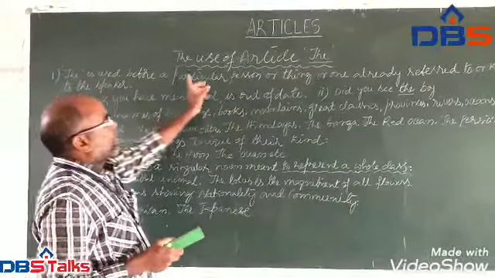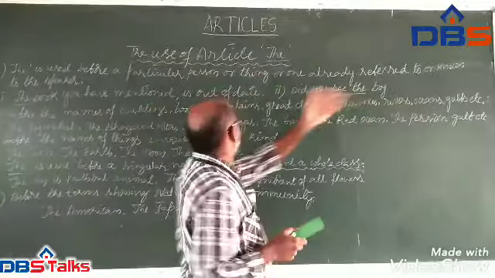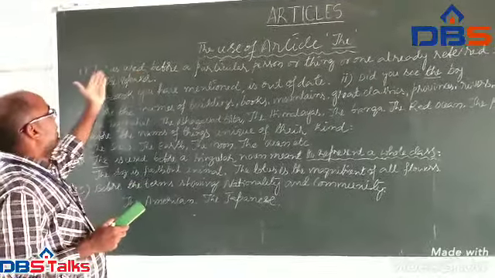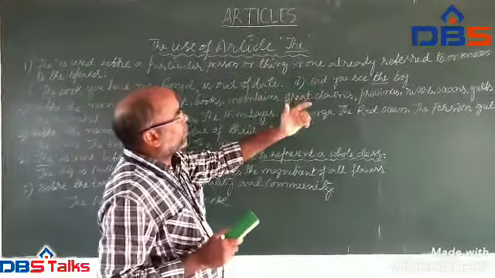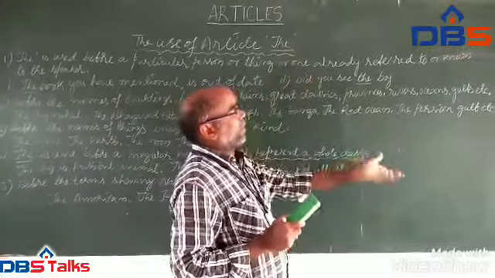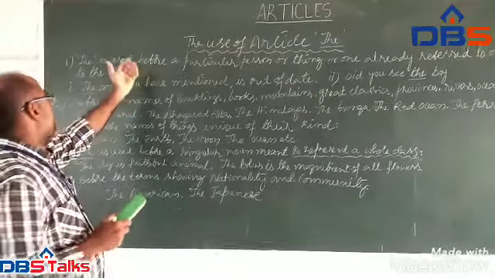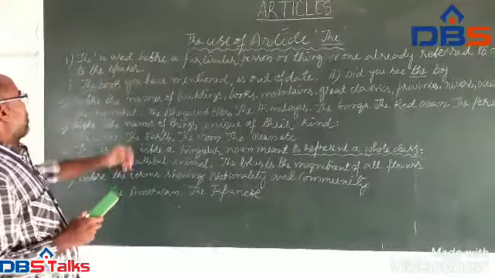The is used before a particular person or thing, or one already referred to or known to the speaker. Understand, my dear students? For example, the book you have mentioned is out of date.